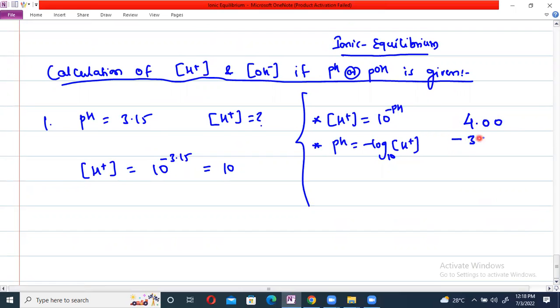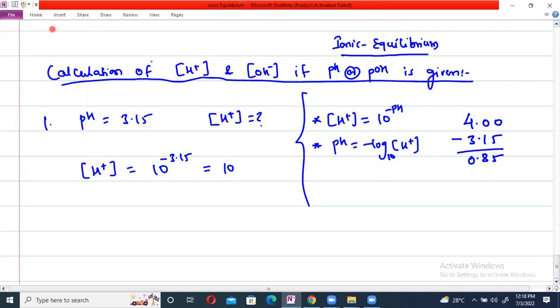So this 4 minus 3.15, if you do, what we will get? We are getting 0.85.